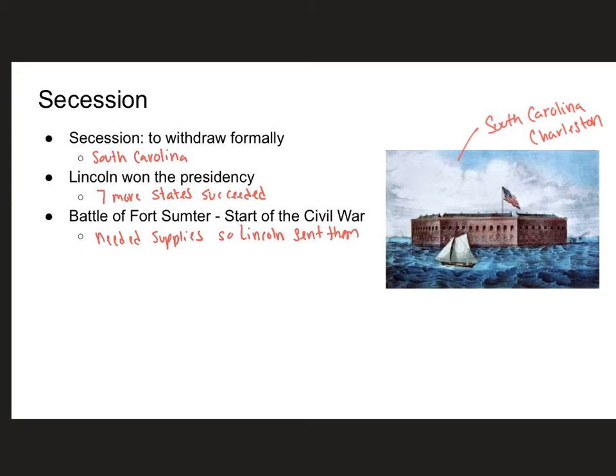And as the supplies were sent, the Confederates responded by firing on Fort Sumter.